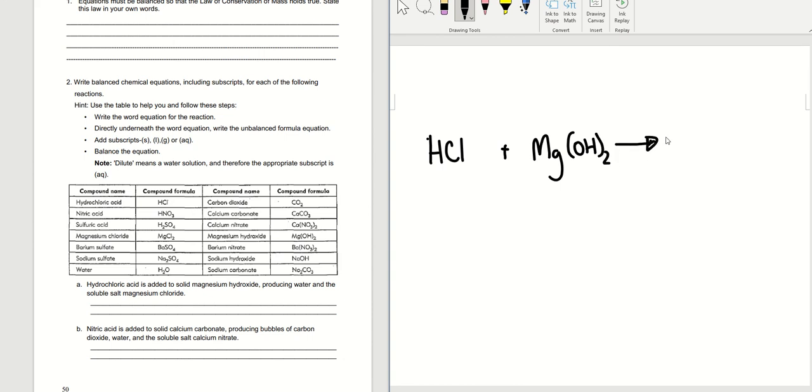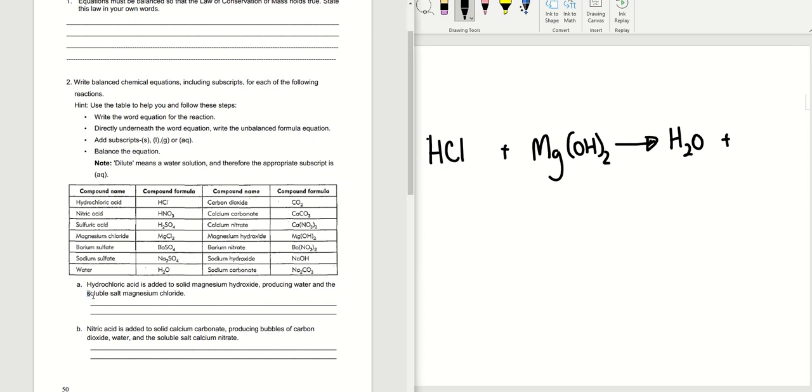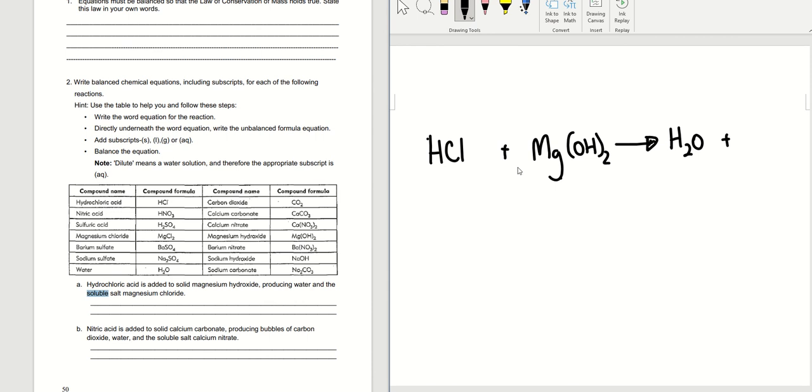That will form water, H2O, plus our soluble salt. So what you can see here, it says soluble. Soluble means it is dissolved as a liquid. So magnesium chloride. So it's in a liquid form there.